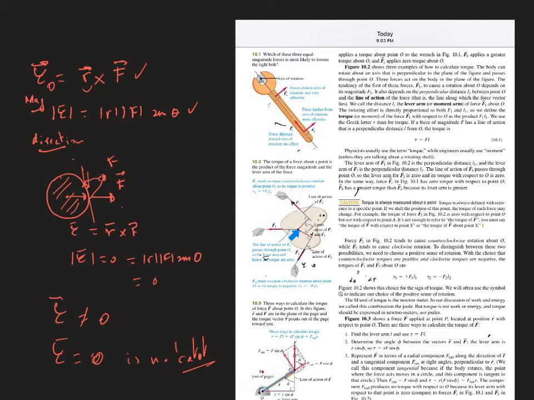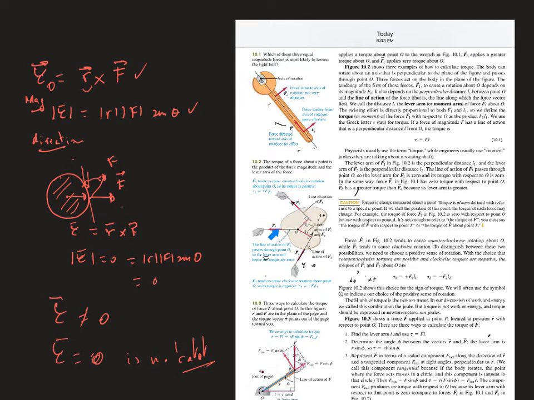If this is the point about which you are calculating the torque, this force will produce a torque that will be the force by this distance, the perpendicular distance. So you extend the line of the force, and the torque will be the magnitude of the force by this perpendicular distance.